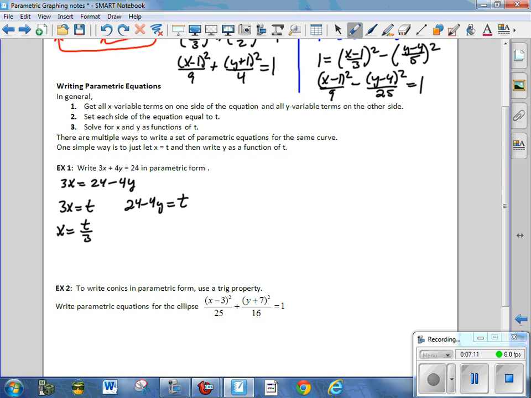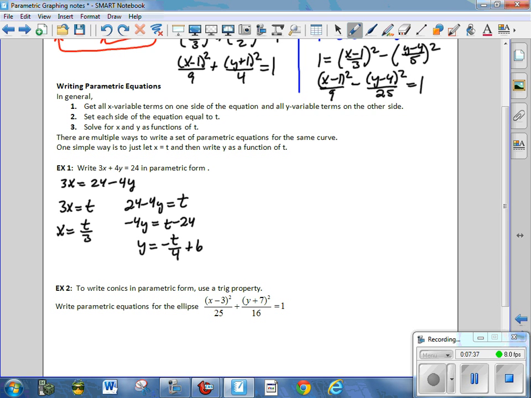And here I would have negative 4y is equal to t minus 24, so I have to divide by negative 4: y is equal to negative t divided by 4 plus 6, since negative 24 divided by negative 4 is 6. So that would be one way.